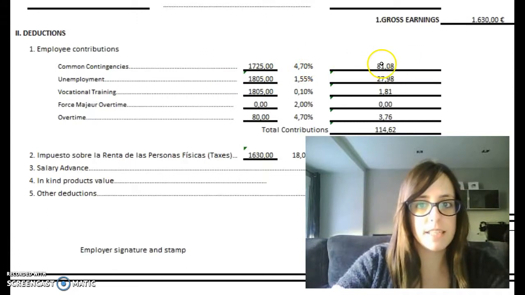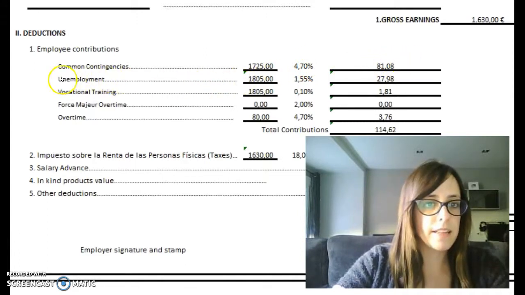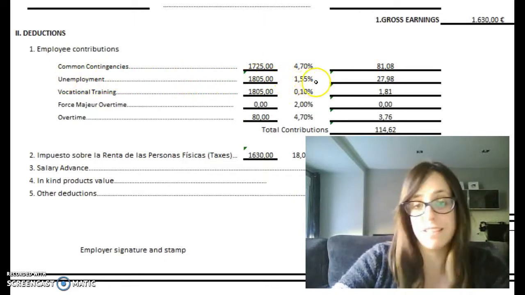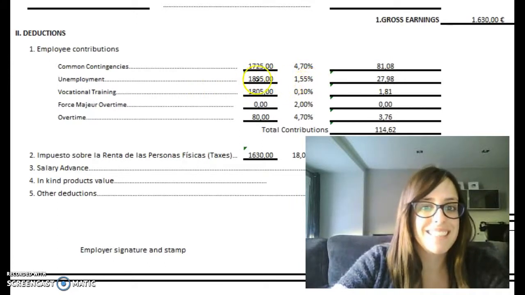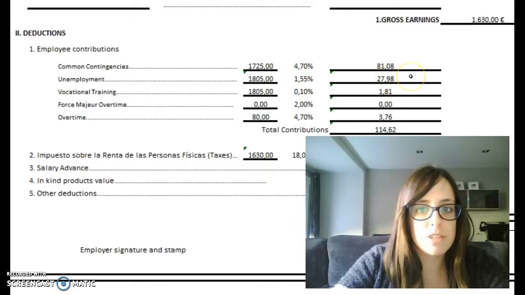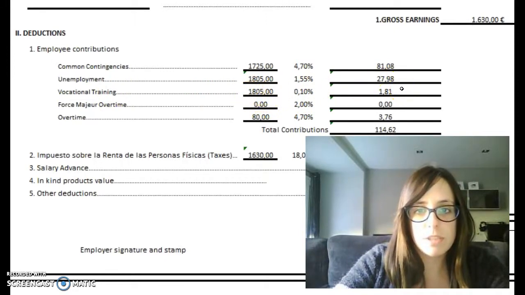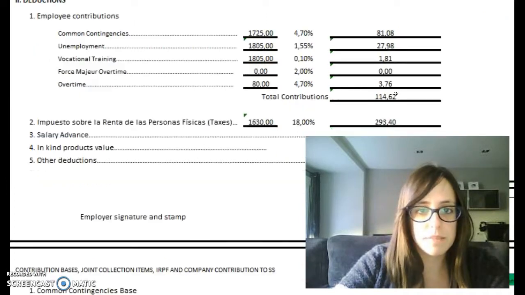The result is 81.075. The unemployment is 1.55% of common contingencies, and the result is 26.73. The vocational training, the percentage is 0.10% of common contingencies, and the result is 1.725.